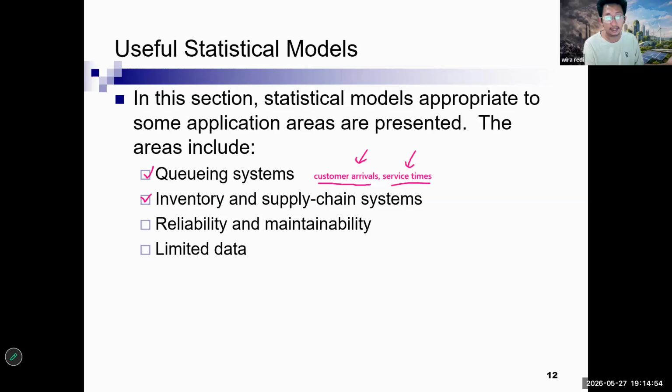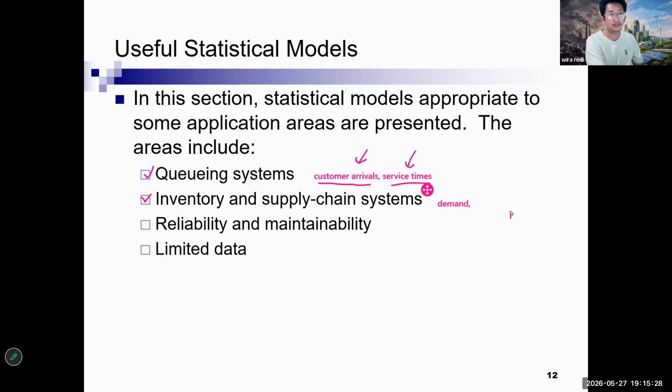This is another area where simulation can have its role, because normally the problems like inventory management or supply chain systems will have random variables such as demand, the demands of the products being stored in the inventory or demands of the customers in the supply chains.